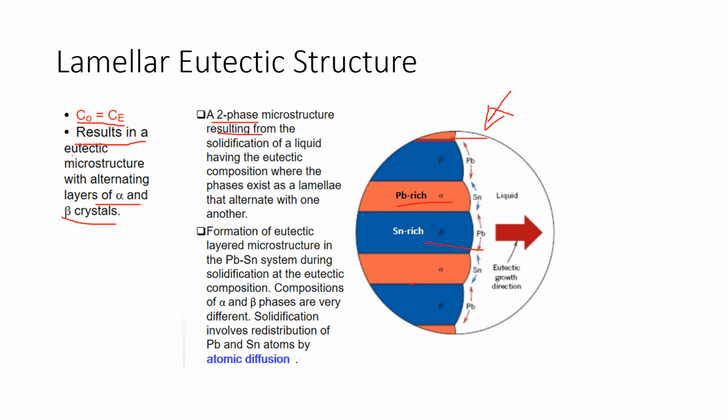This shows the eutectic growth direction. Formation of the eutectic layered microstructure in the lead-tin system during solidification at the eutectic composition: the compositions of the alpha and beta phases are very different. Solidification involves the redistribution of the lead and tin atoms by atomic diffusion.